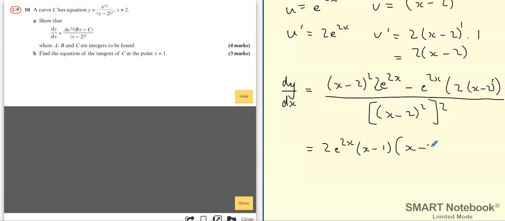I've got x minus 2 here, minus 1, all over x minus 2 to the power of 4. Are you happy with that? Does that whole bit of working out make sense here? Sort of factorized it in one go, didn't do the long process of cancelling terms down.